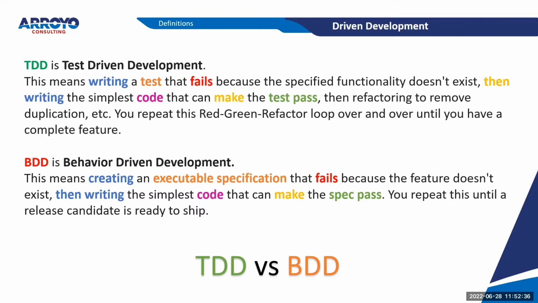You test the first scenario, but at the beginning this scenario fails, so you have to complete the code to make the test pass, and after that you improve your code and mark it as a release candidate that you can pass to production. Okay, so that is the main difference between TDD and BDD.